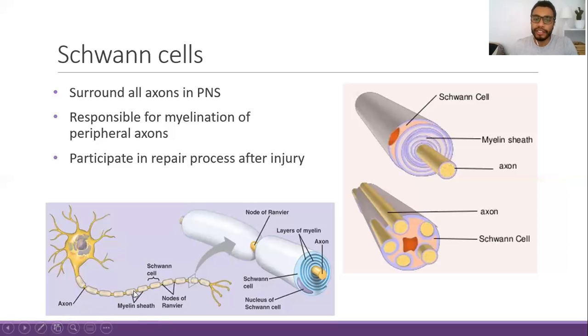So if the injury is here in the axon, the peripheral nervous system has the ability of regeneration, okay? But if the injury is in the cell body, it's very unlikely to regenerate, because the cell body is the area which has the nucleus, and if there is an injury here, the cell eventually dies, okay?